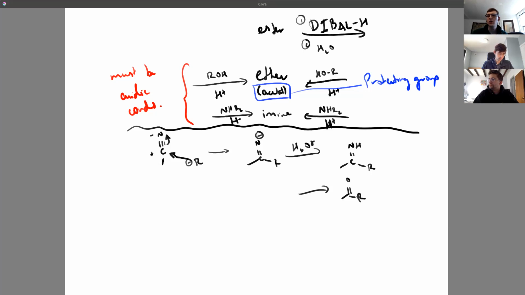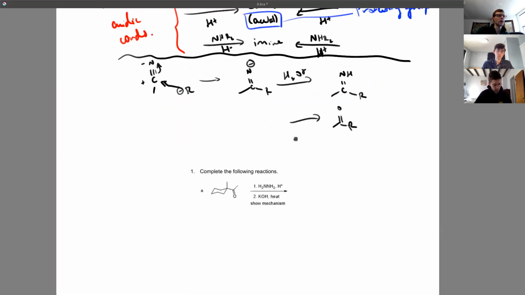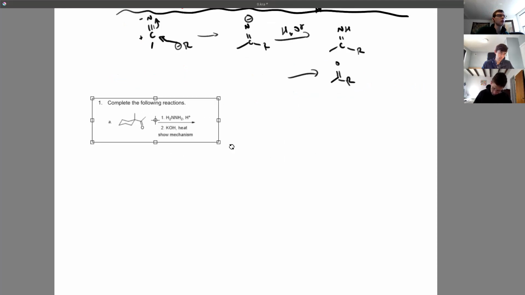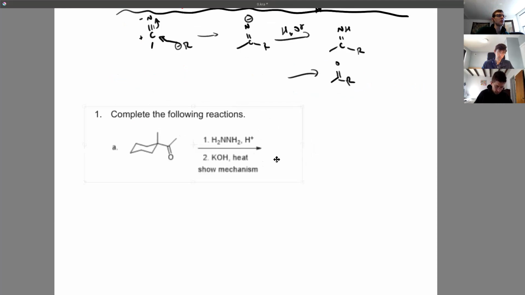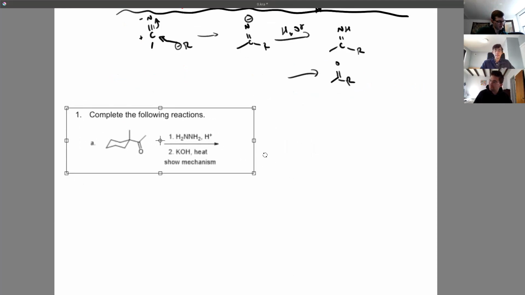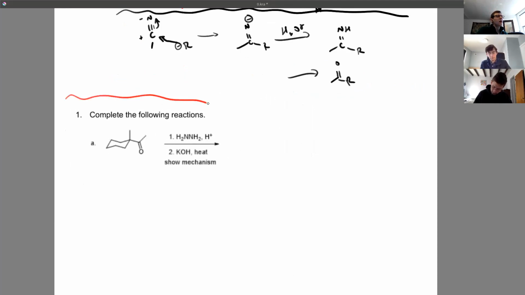Sure. In that case, why don't I grab the first problem. And let's think about this. This is a fun one because we're starting off with the Wolff-Kishner reaction. Sorry to spoil it, but we're starting off with that right away.